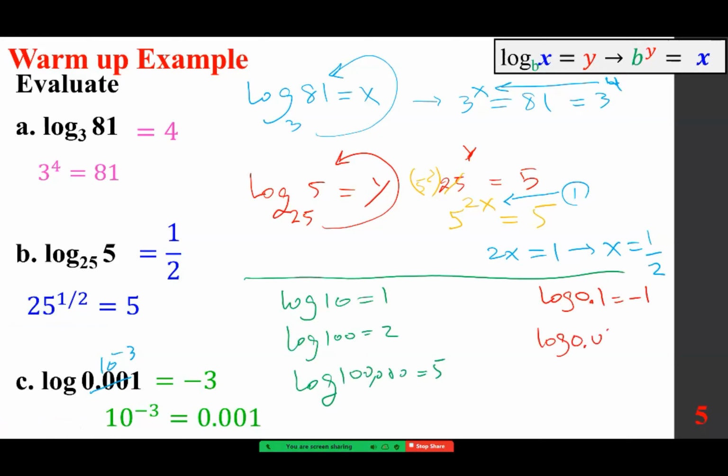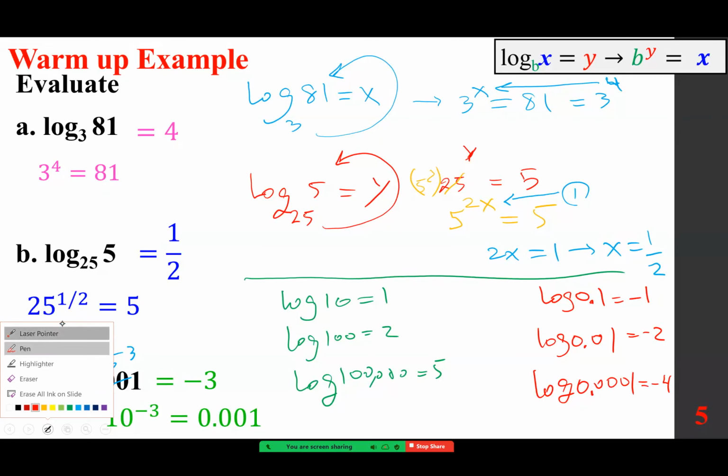Log of 0.01 is -2. Log of, let's say, 0.0001 is -4. Meaning, when you're dealing with powers of 10, the number of zeros will give you the answer.